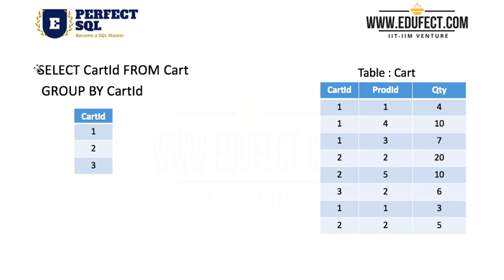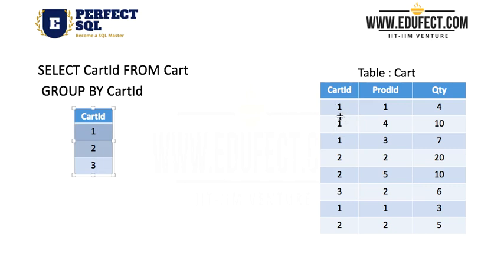So when we say select cart ID from cart group by cart ID, we are grouping everything by the unique values in cart ID, or we are grouping all the rows which have the same cart ID together. When we have grouped them, how many groups will we form here?